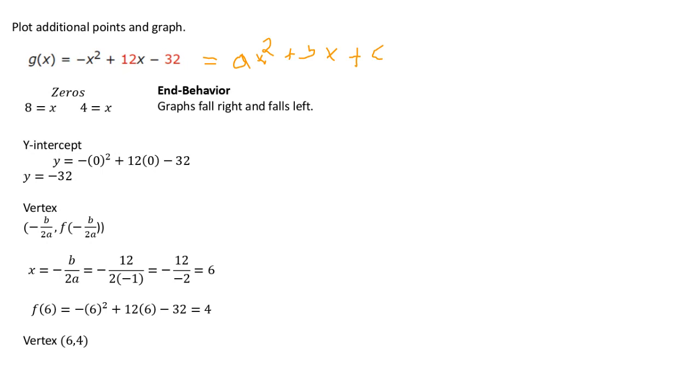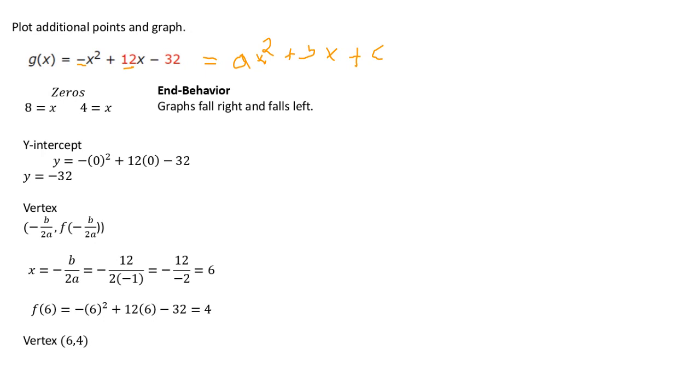Okay, so here we have negative b over 2a. So in our case, b is 12, and a is 1 or negative 1, right? Since we don't have a number, but we have this negative symbol, we have negative 1.